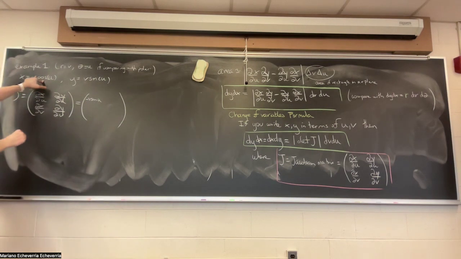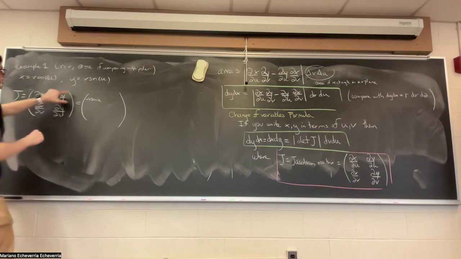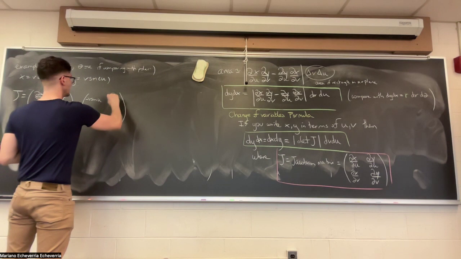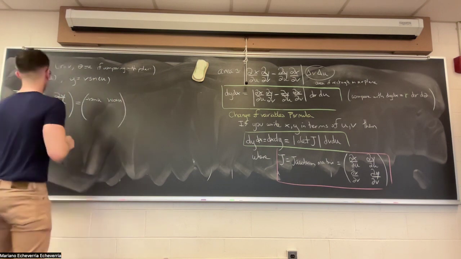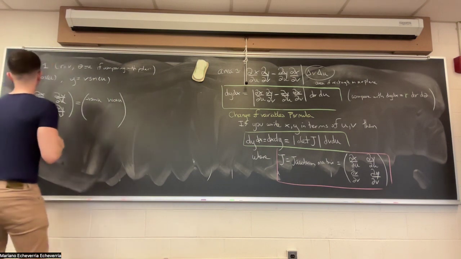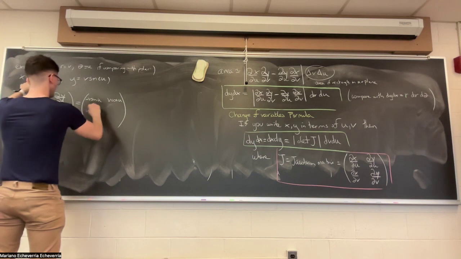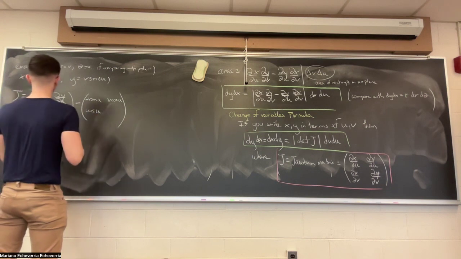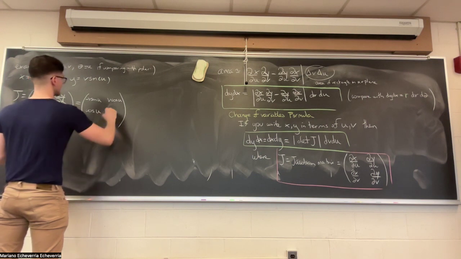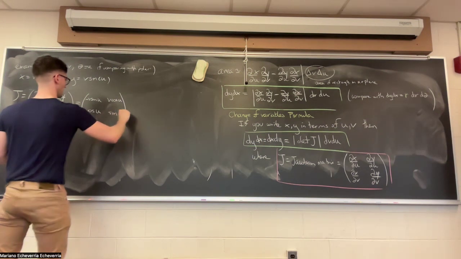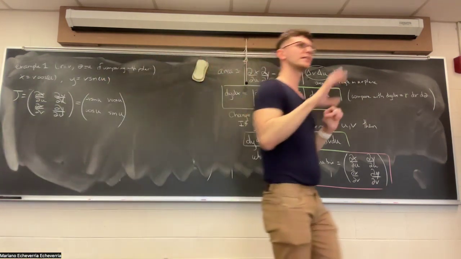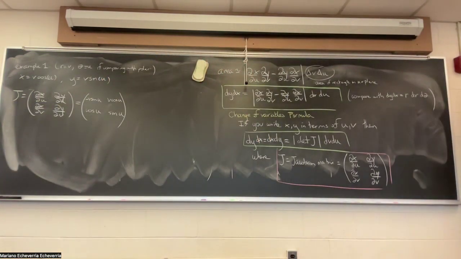What's the derivative of y with respect to u? That's v cosine of u. What's the derivative of x with respect to v? That's cosine of u. And what's the derivative of y with respect to v? That is sine of u. Is that making sense? Like how I found those partial derivatives, so far so good.